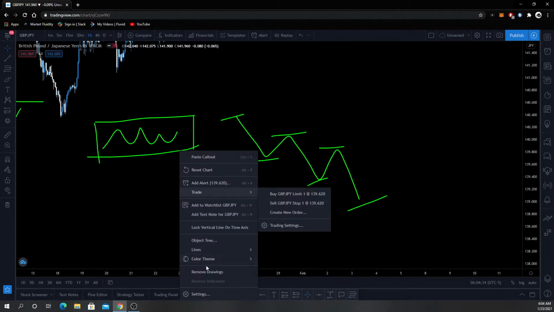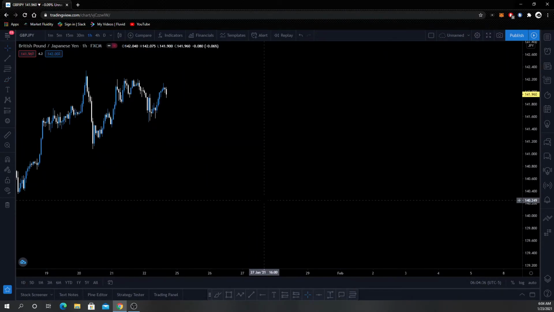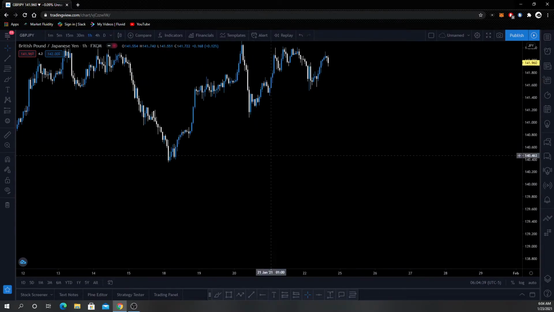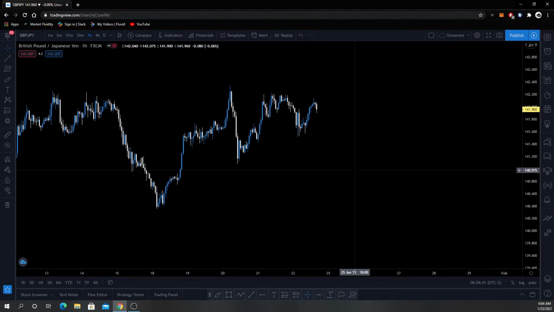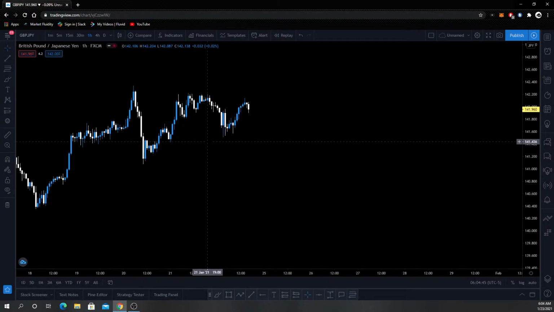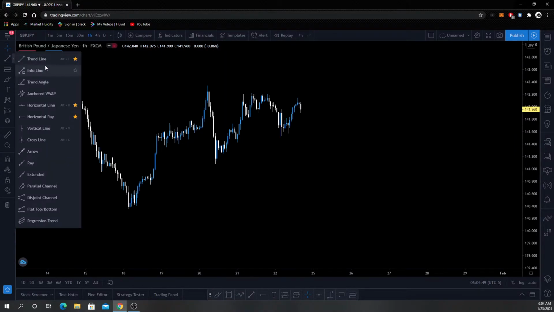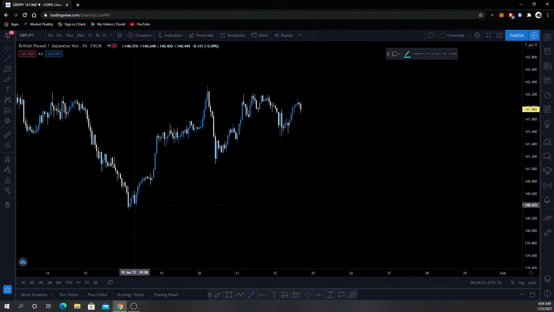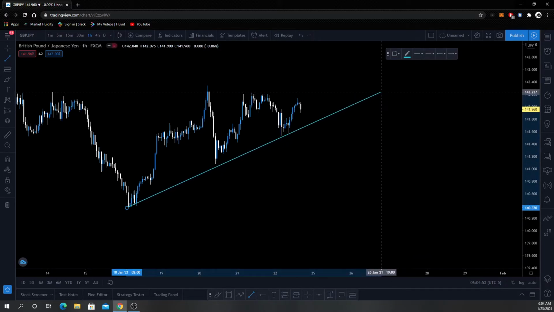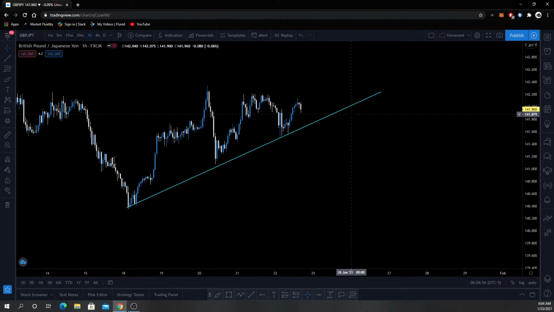If you're a person that cannot visualize it, I was one when I first started. I could not tell the trend direction because you see a lot of things and you just get confused. So you use something called a trend line. You use the tool, draw it, then you see the overall direction. So how would you use it?